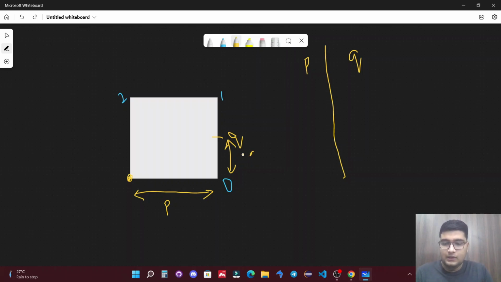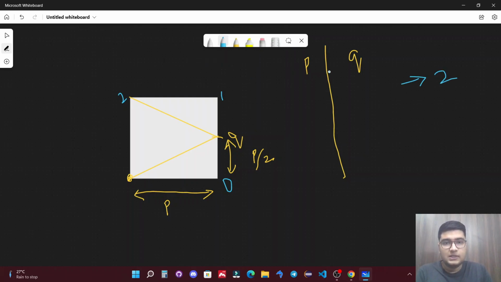So in this case, this ray will go from here to q, and from q to 2, right? So in this case we are getting 2 as our answer.